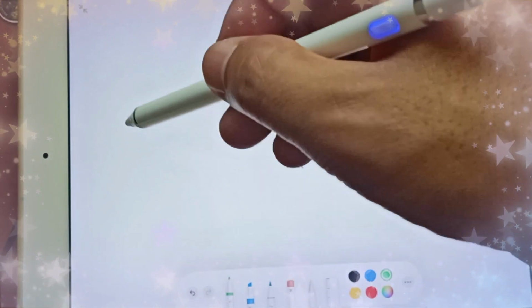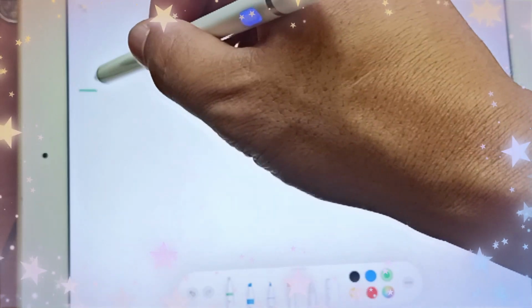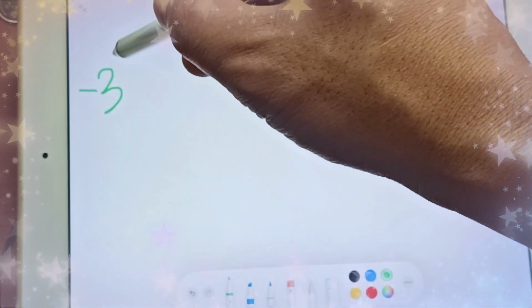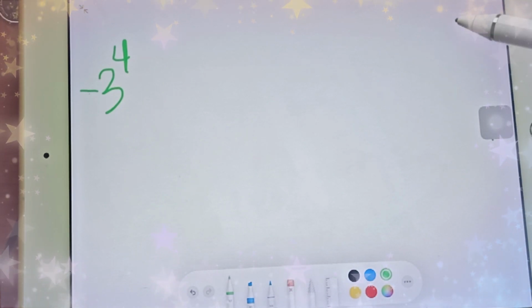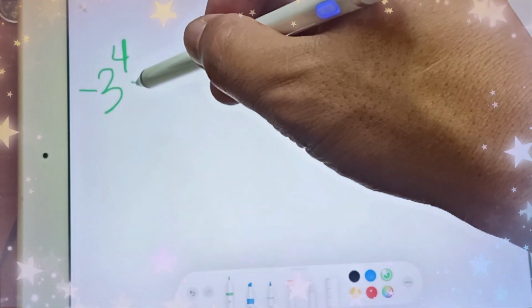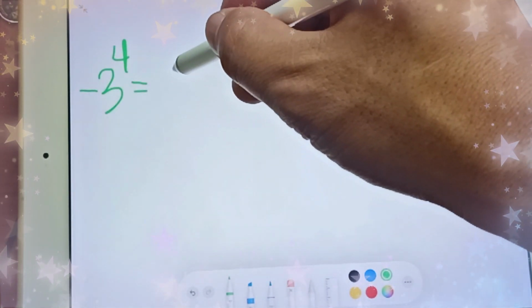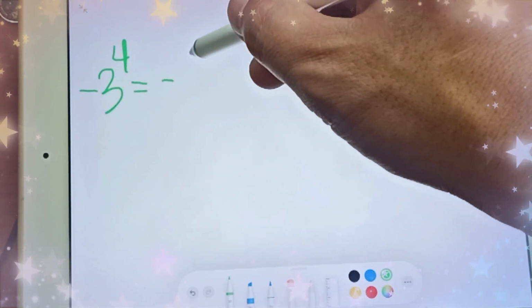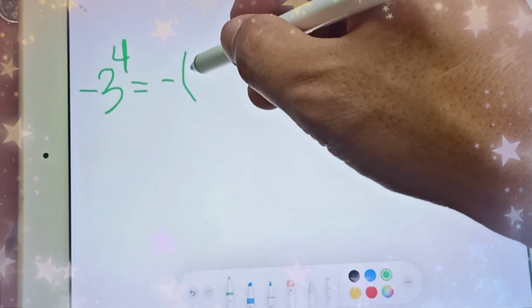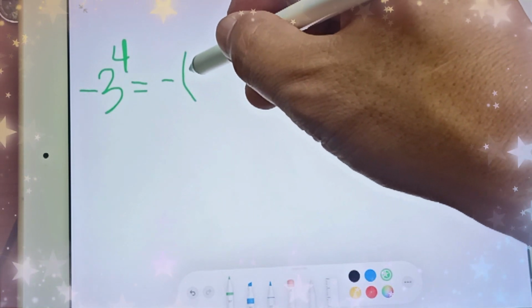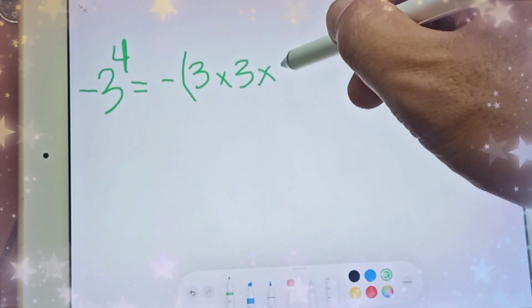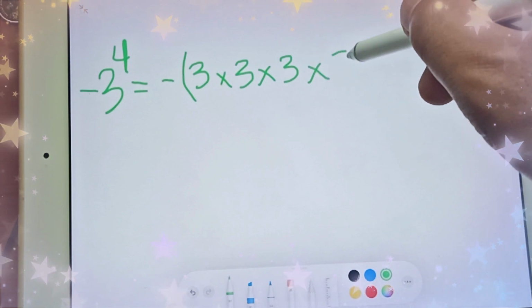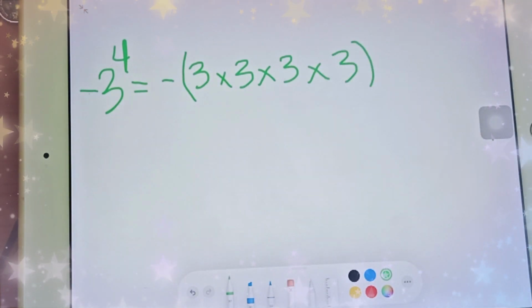All right, let's have another example. If you have negative 3 to the 4th power, that means you have to multiply 3 by itself 4 times. So you can write negative in front, then 3 times 3 times 3 times 3 in brackets.